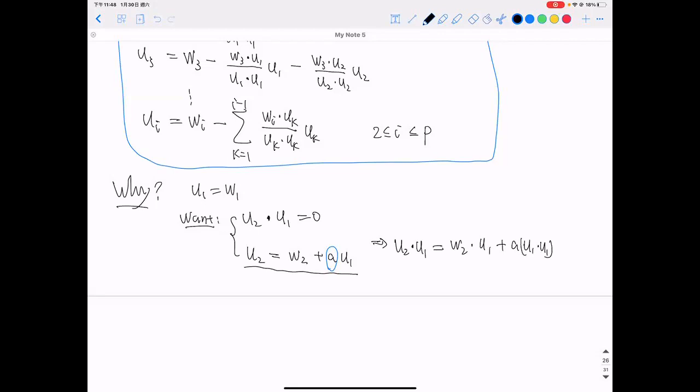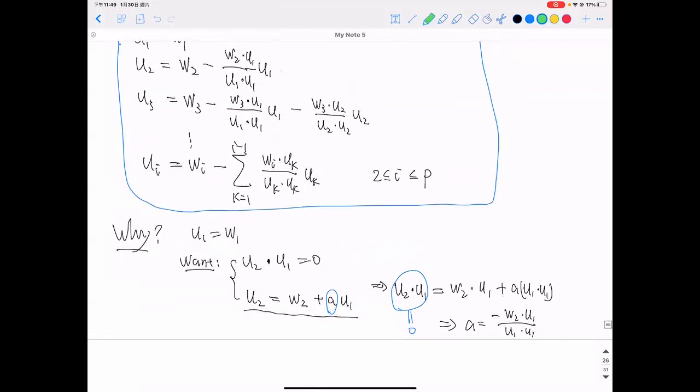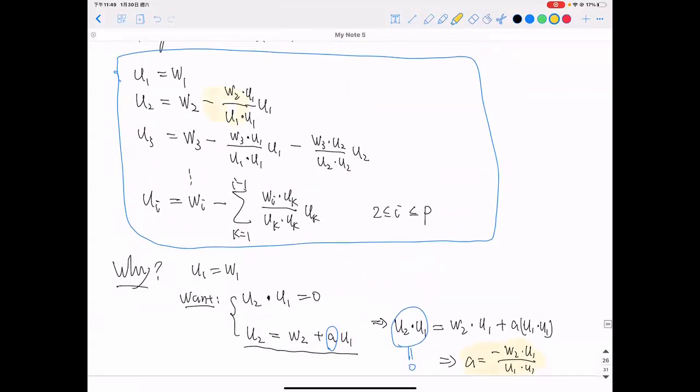And you want this to equal 0, and that forces you to have A equal to negative W2 dot U1 divided by U1 dot U1. Okay, and this answer here is indeed what we put here for the definition of U2.